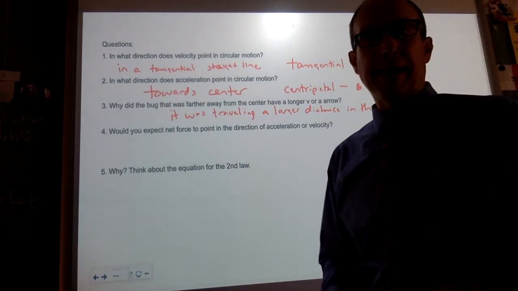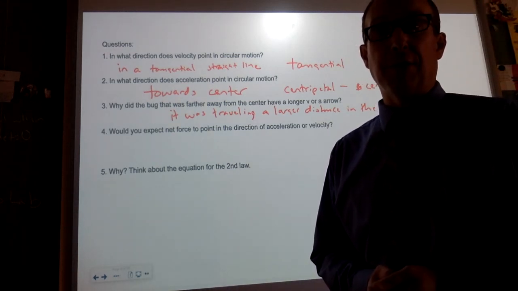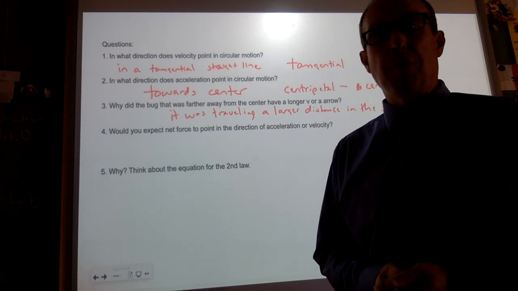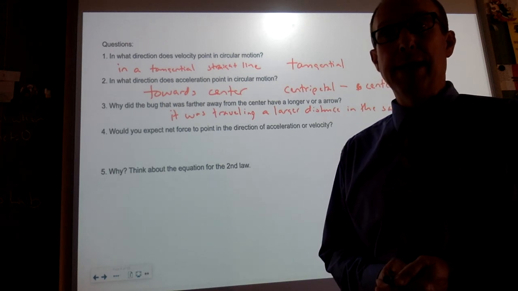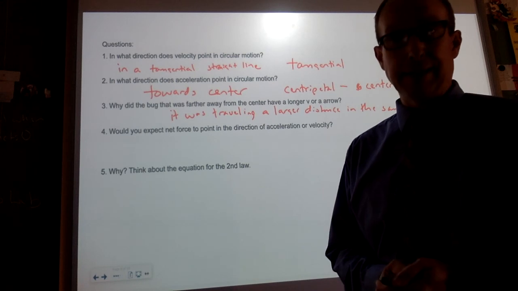Number four, would you expect net force to point in the direction of acceleration or velocity? Remember our prediction with the blue and red guys pulling the taffy? What did force always agree with, acceleration or velocity?